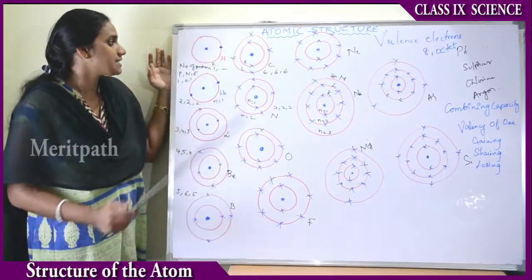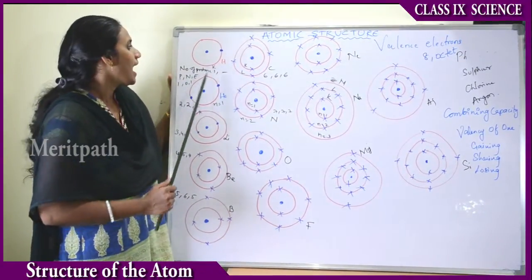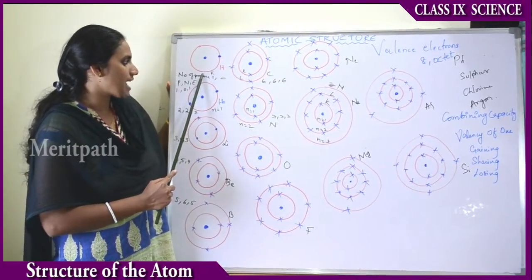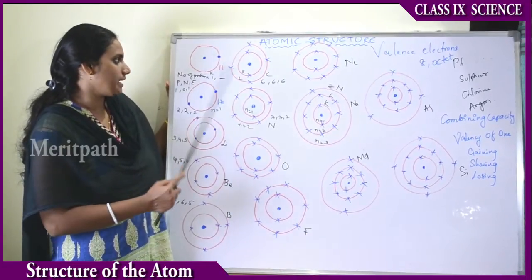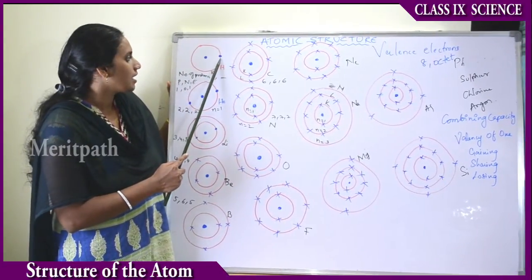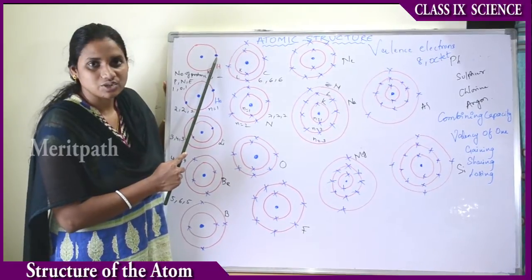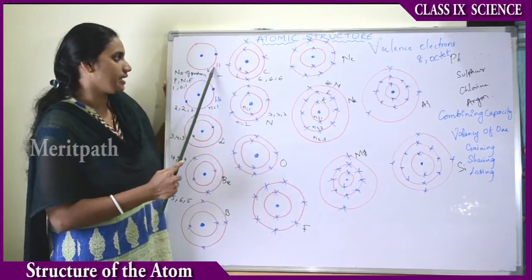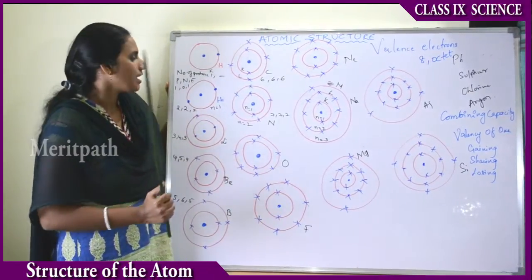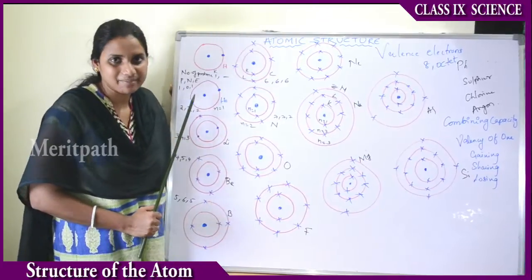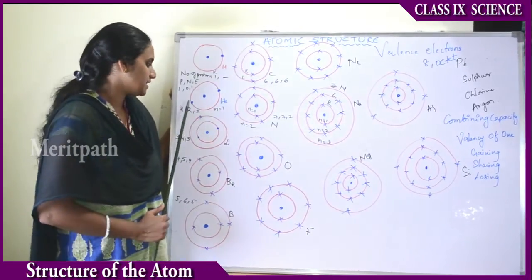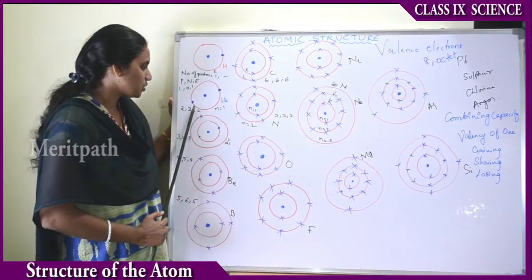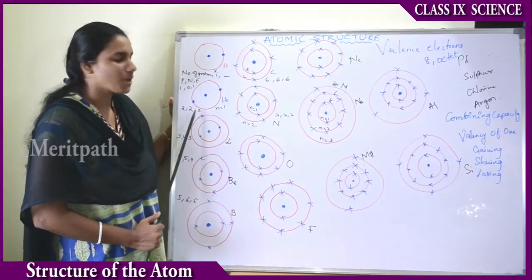Let us take the first element, hydrogen. The discrete orbit for hydrogen is 1, known as the K shell or first orbit, and the number of electrons is 1 for hydrogen, placed in the first orbit of the shell. Now let us see the element helium, the second element. It consists of 2 protons, 2 neutrons and 2 electrons.